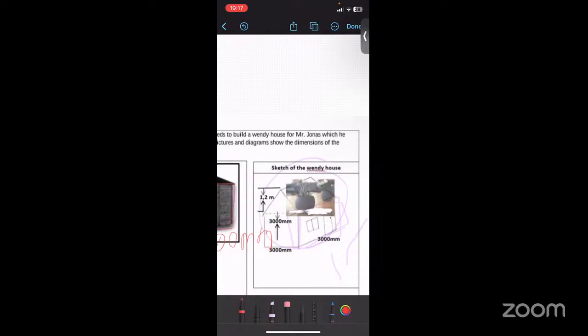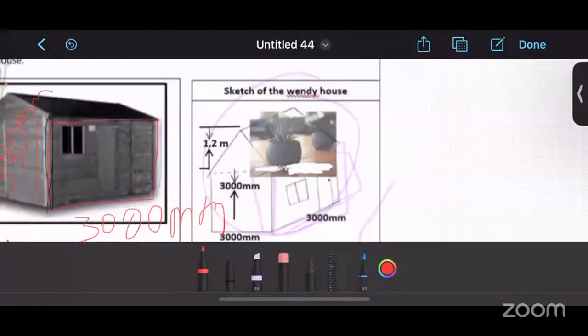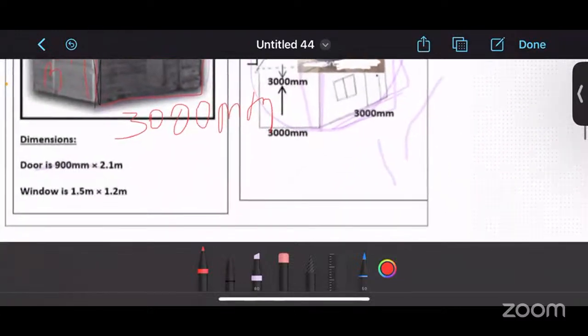Ma'am, for equal sides, then it's a square. Perfect. So that means our answer for this is going to be square, because equal sides make a square. So the shape is going to be square.